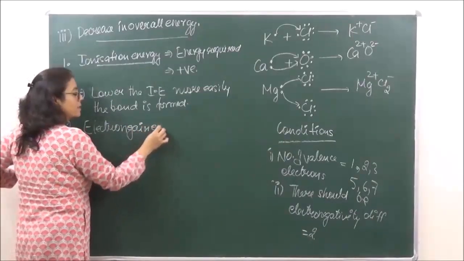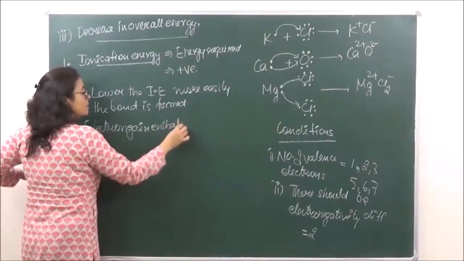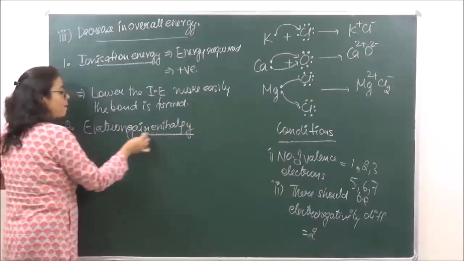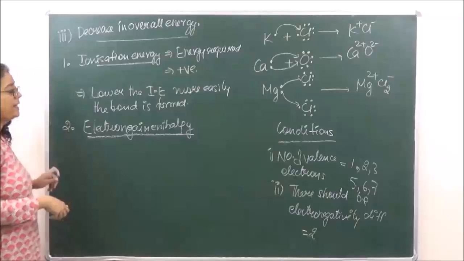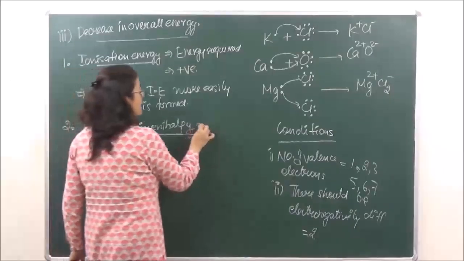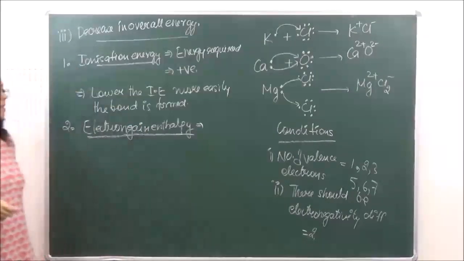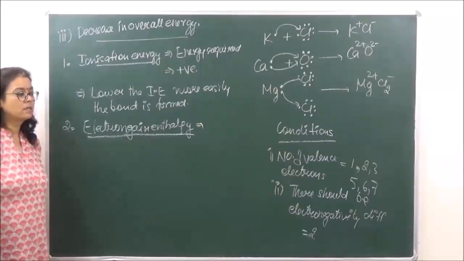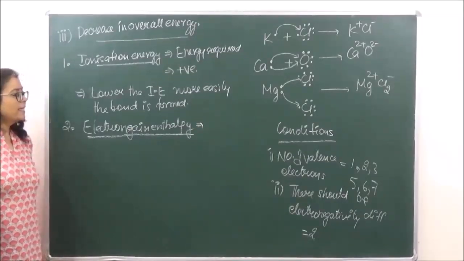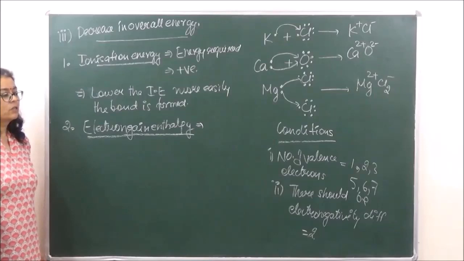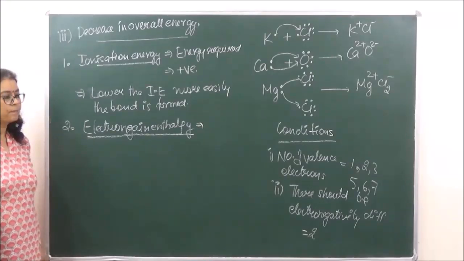electron gain enthalpy or electron affinity, right? Now the electron gain enthalpy, if we define it, is the amount of energy released when an electron is added to an isolated gaseous atom. Okay?